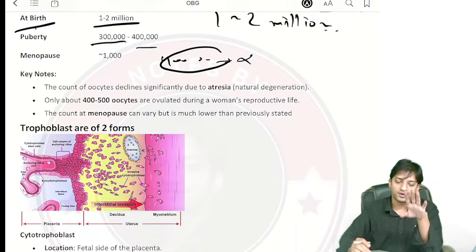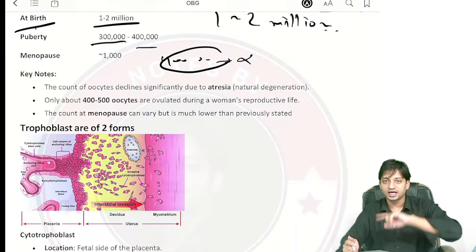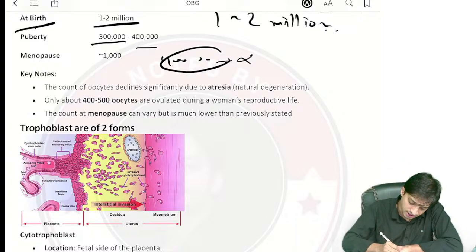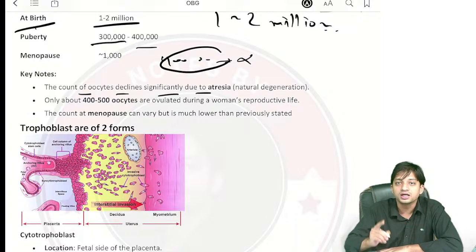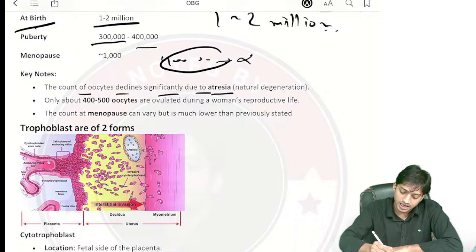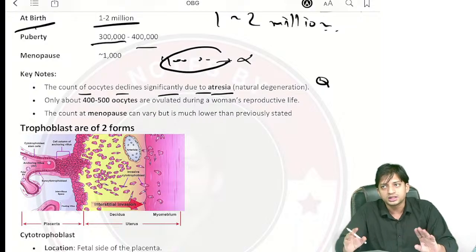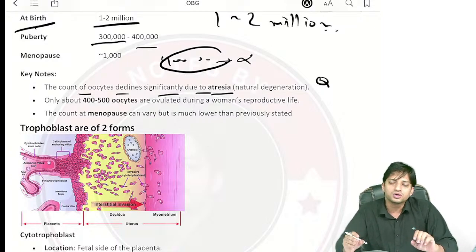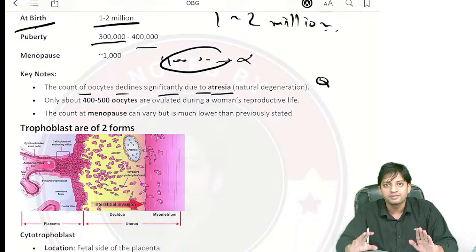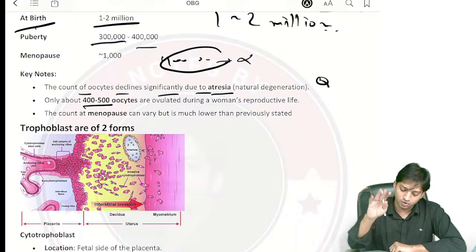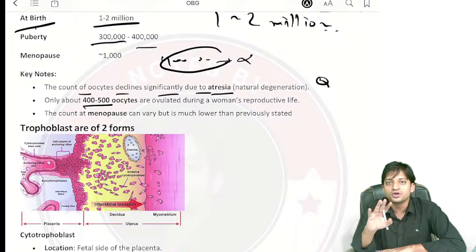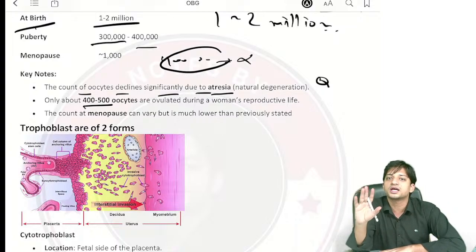Now, what are the keynotes, the important points that can be asked? The count of oocytes declines significantly due to atresia. What is atresia? Natural degeneration due to radiation damage, chemical damage or other factors, causing a decrease in the number of oocytes. Second, only about 400 to 500 oocytes are ovulated during the entire reproductive life of a female.